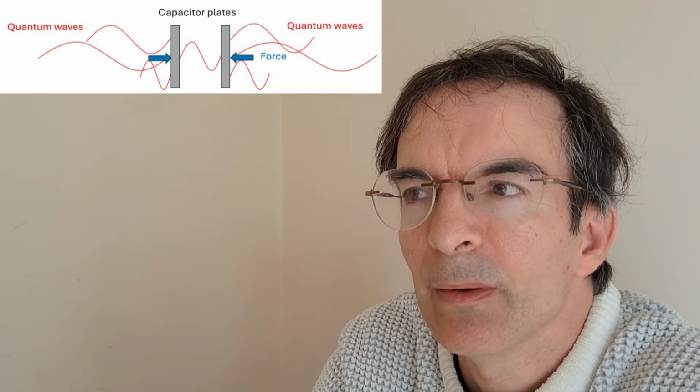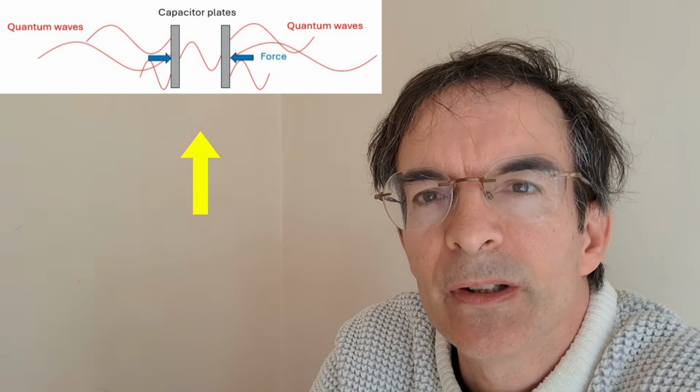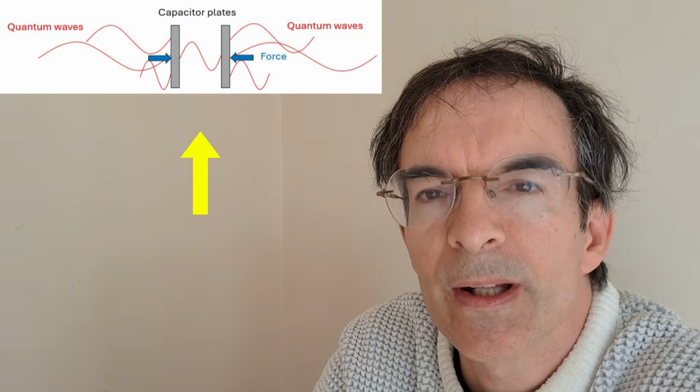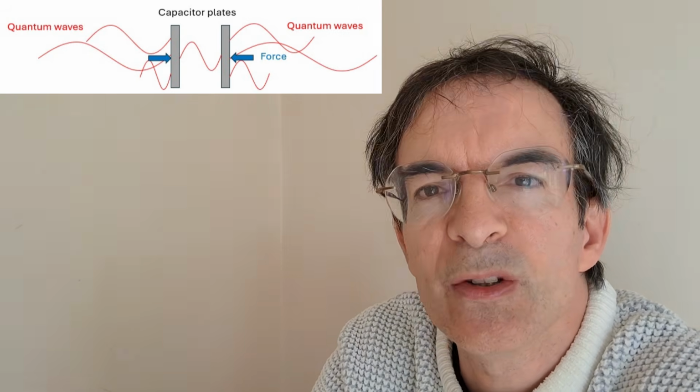So the normal Casimir effect I've talked about before, but that's caused when you have two parallel metal plates and you put them very close together. Everywhere there are quantum fields, quantum particles, quantum waves, and outside the plates any wavelength of these waves can exist.